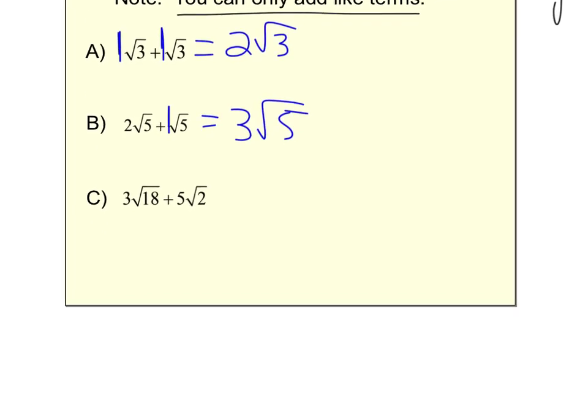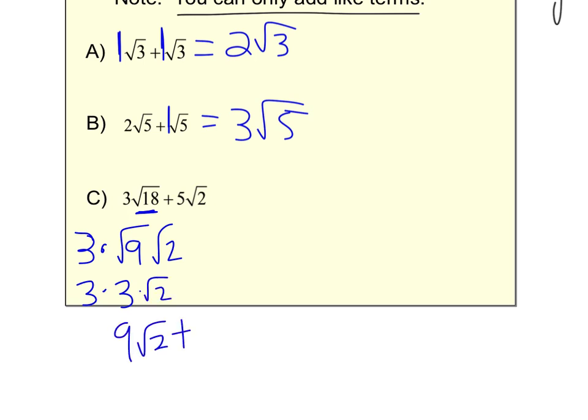Now letter C, right now I can't put those together, but I need to recognize I can simplify square root of 18. So square root of 18, I'll keep that 3 out front. Square root of 18 can become square root of 9, square root of 2. So the square root of 9 is 3. So this one actually is 9 square root of 2 plus 5 square root of 2.